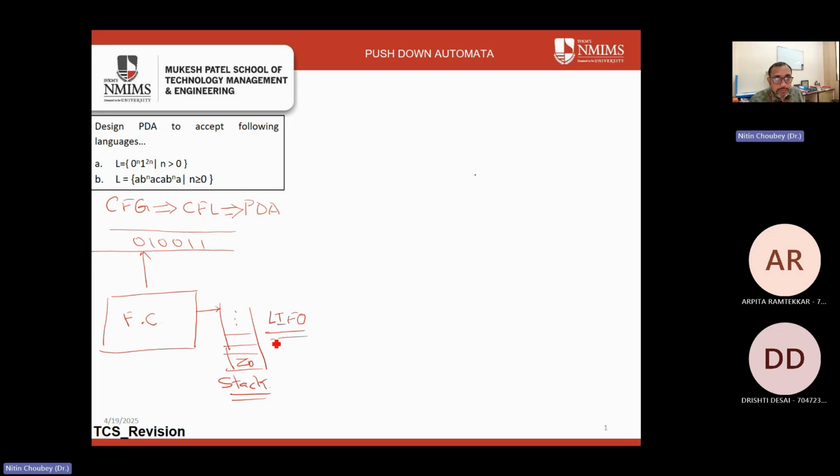That is last in, first out, which means the symbol which is pushed into the stack last will get popped first. Okay.